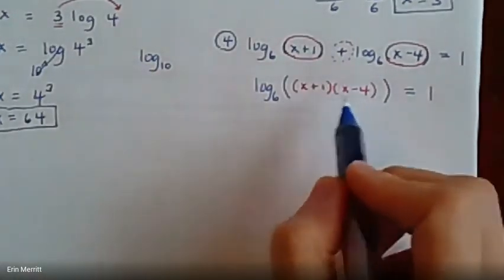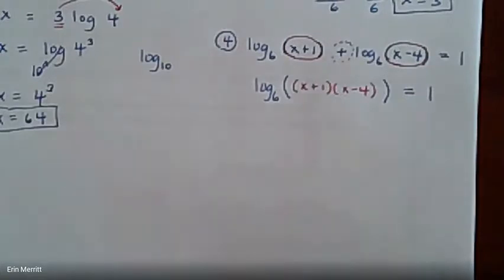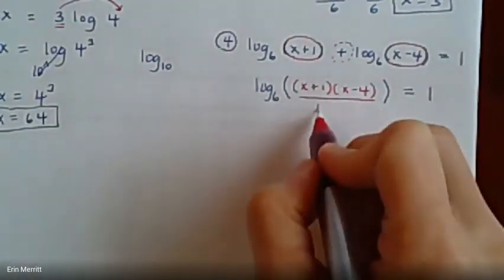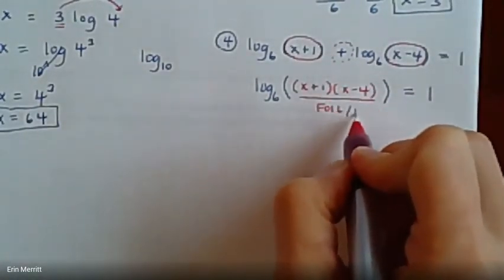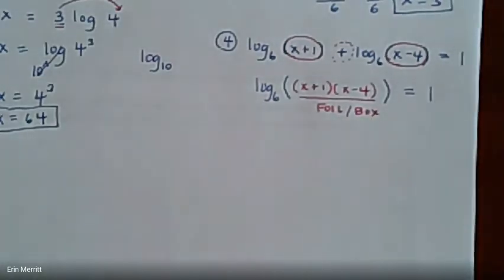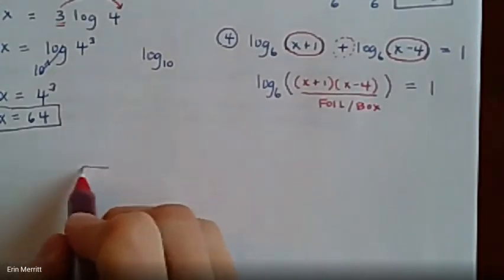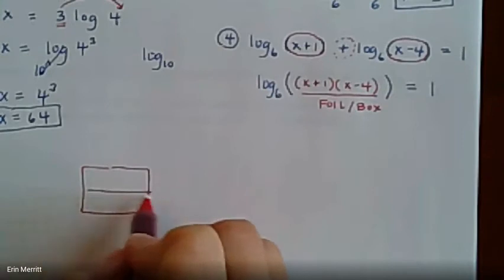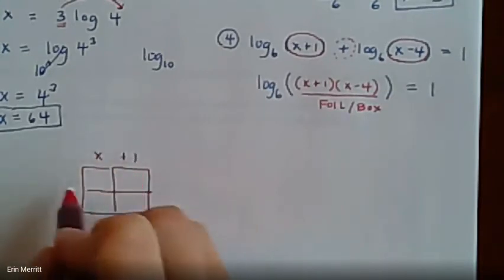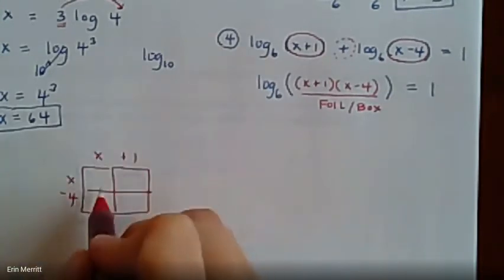I need to multiply this out, which means we're either doing a little box method or a little FOIL. You choose. You can do the work off to the side. So maybe over here, a little x plus 1, a little x minus 4.